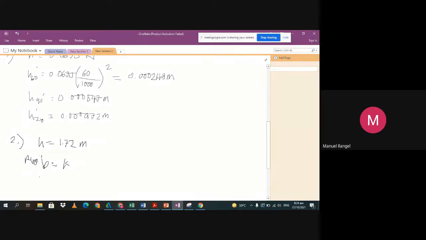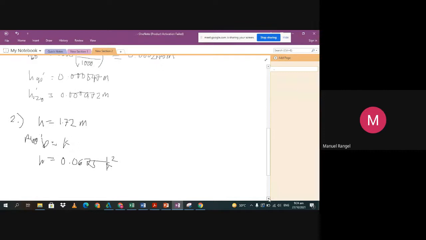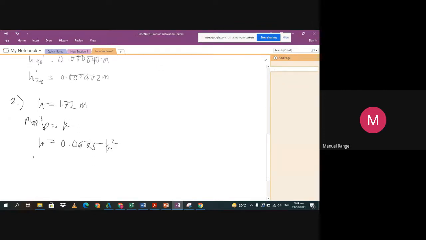So by using the formula of H, that is equals to 0.0675 K squared, that is 1.72.